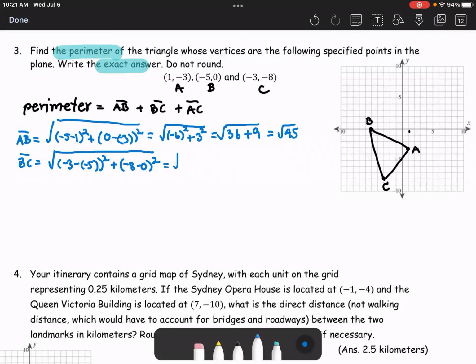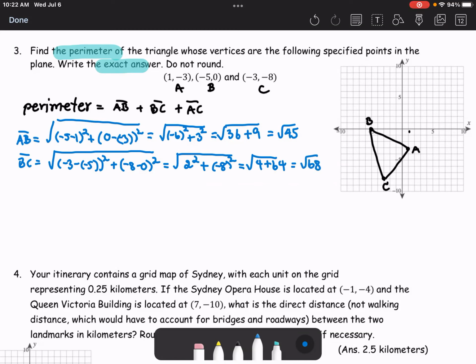In simplified form, -3 plus 5 is +2, so 2 squared for the first one, plus -8 squared for the second one. That turns out to be square root of 4 plus 64, or square root of 68.